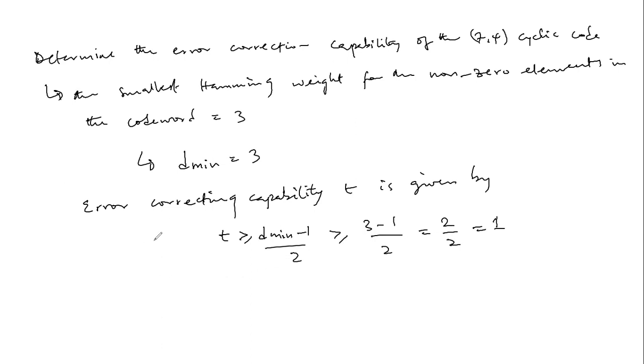So hence, the 7x4 cyclic code can correct a single error.